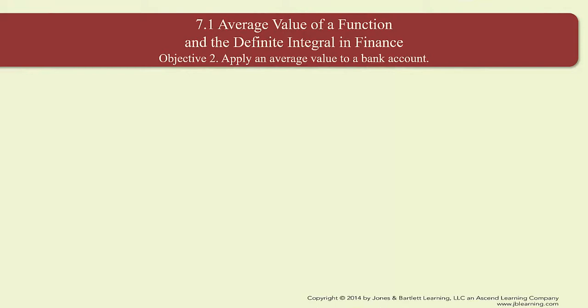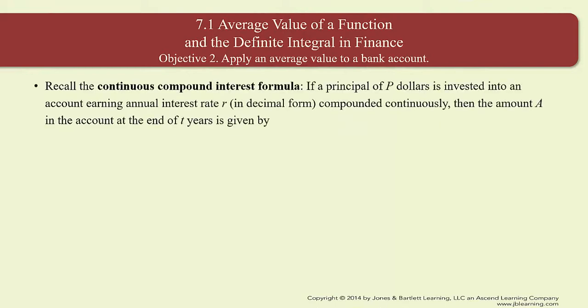All right, after doing that example in number 26, hopefully you're seeing how to do the basics of computing an average value. Next up, a quick reminder of your continuous compound interest formula.